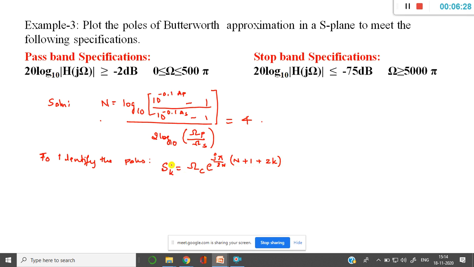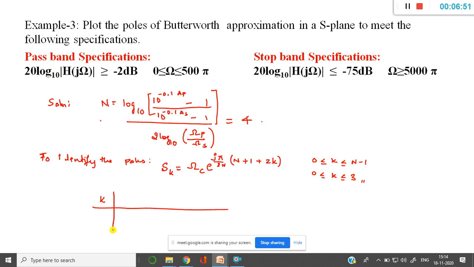This is my formula to find the poles, where k lies from 0 to n minus 1, which means that since the value of n is 4, you will get values 0 to 3.